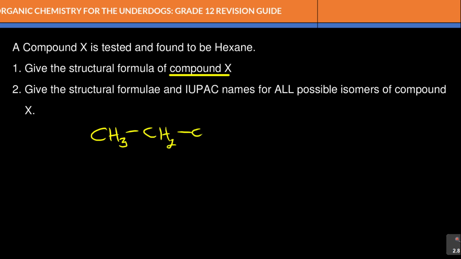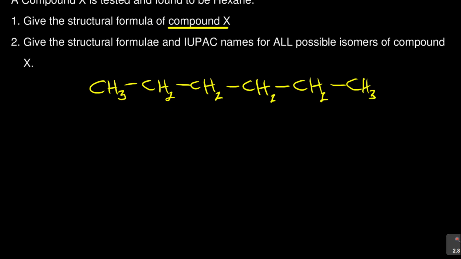CH2, that's 2 carbons, CH2, that's 3 carbons, CH2, that's 4, CH2, 5, and CH3. So this is carbon 1, 2, 3, 4, 5, 6. Hexane looks like this. Then the structural formula, remember, they need to show every bond that is possible. So you have got 1, 2, 3, 4, 5, and 6.